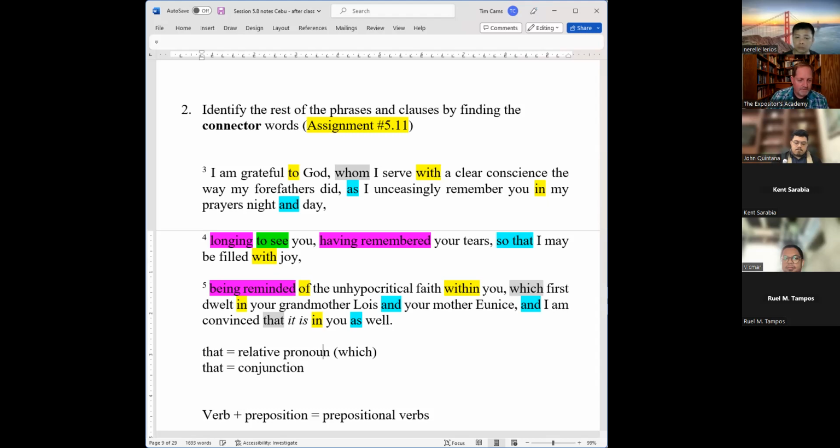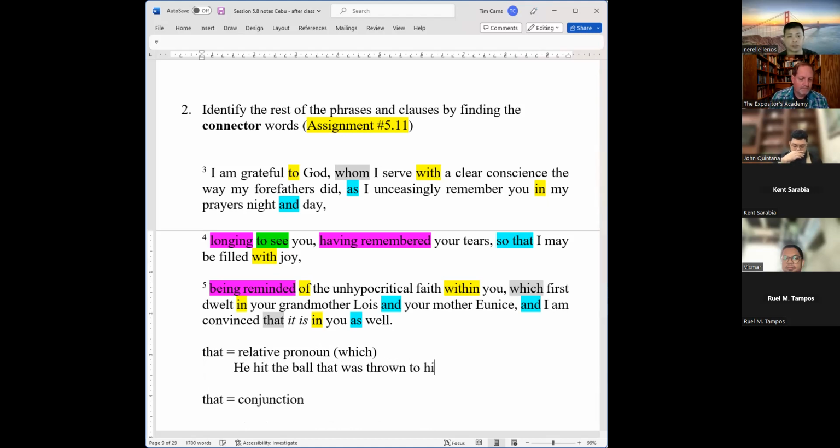So let me give you a couple examples. If it's a relative pronoun, it would be like: he hit the ball that was thrown to him. Here, "that" is a relative pronoun. It's describing the ball. Which ball? The ball that was thrown to him.